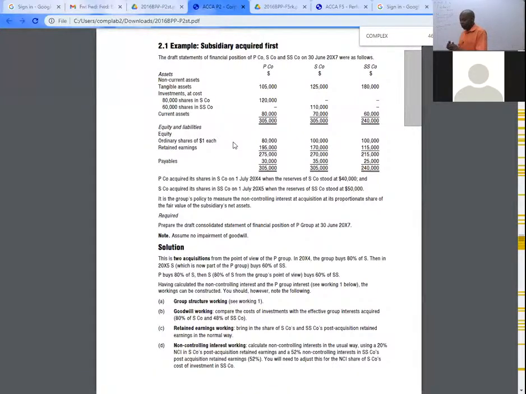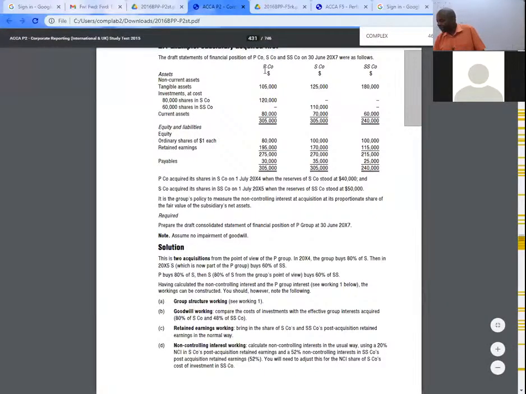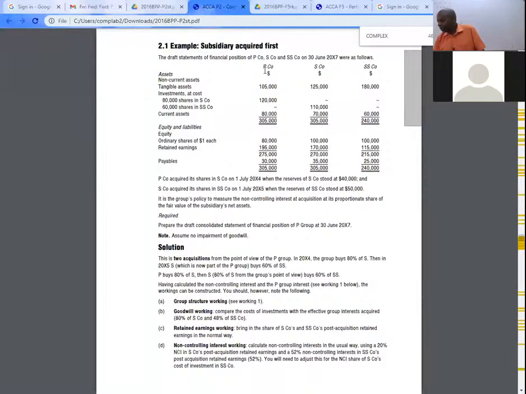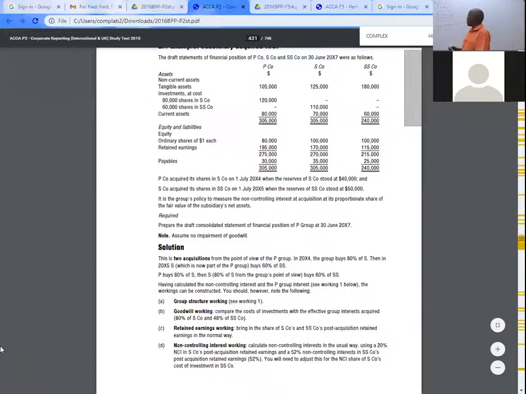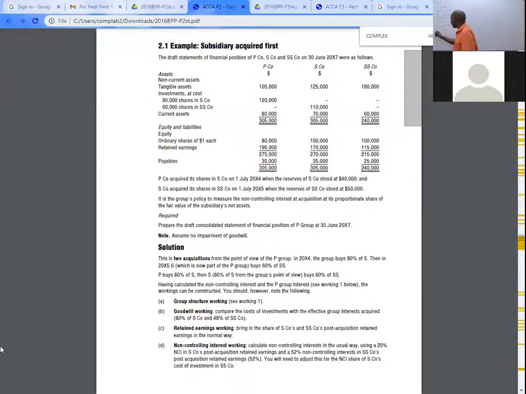And normally we begin with equity. Under equity, we have ordinary share capital. For ordinary share capital, we only take the parent's capital.